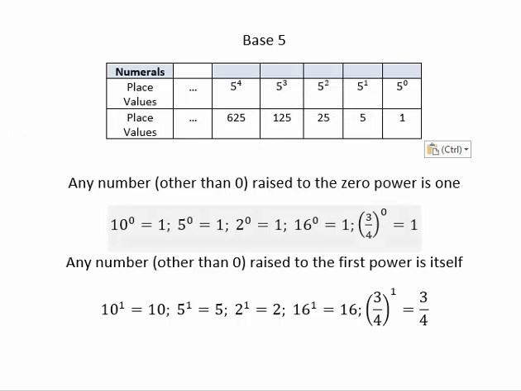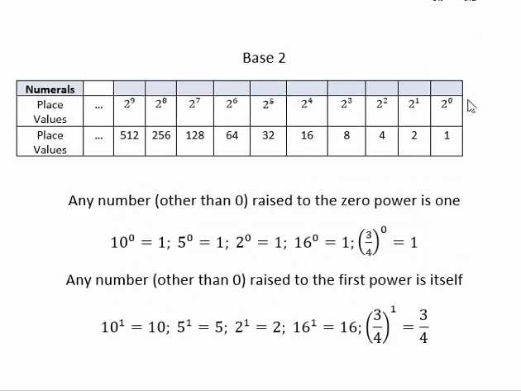So with base 5, the 5 to the 0, that's the ones place, because any number to the 0 is the ones place, where 5 to the first is 5. 5 squared, of course, is 5 times 5.